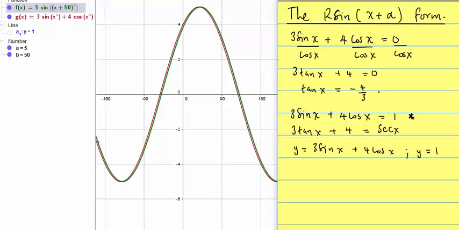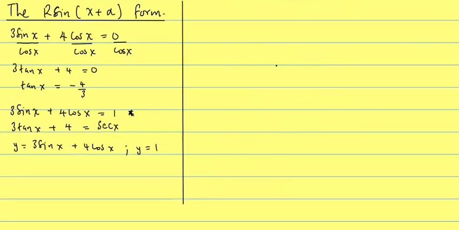So the new form of the equation suggests that 3 sin x plus 4 cos x can actually be written as r, you saw that 5 there, sine x plus some angle which I'm going to call alpha. Now we want to determine these two values here.